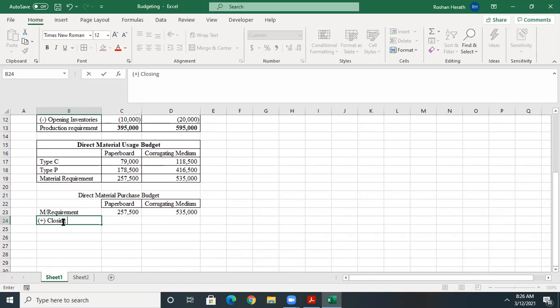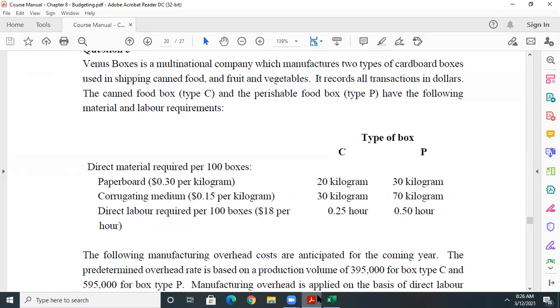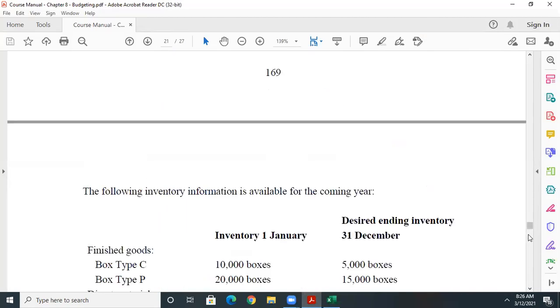Closing materials must be added, while the opening materials should be deducted.